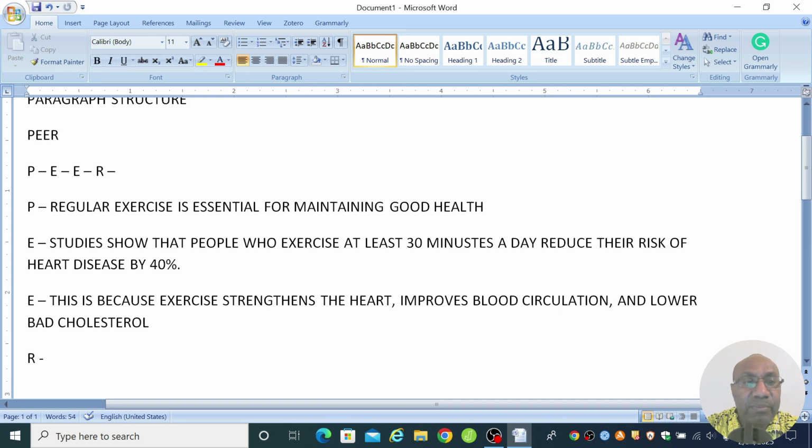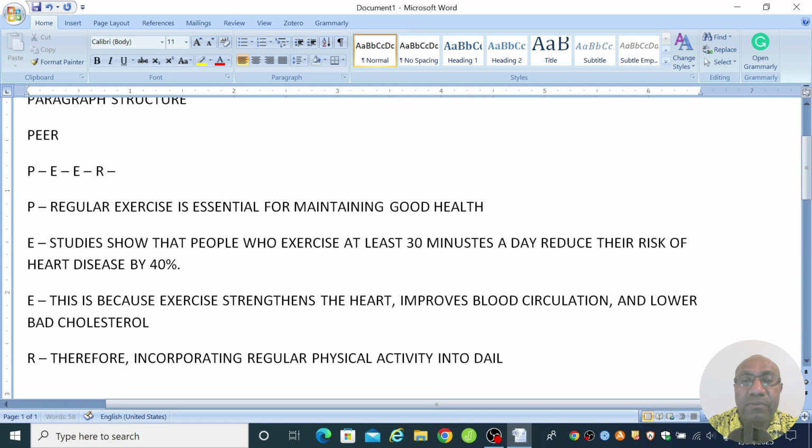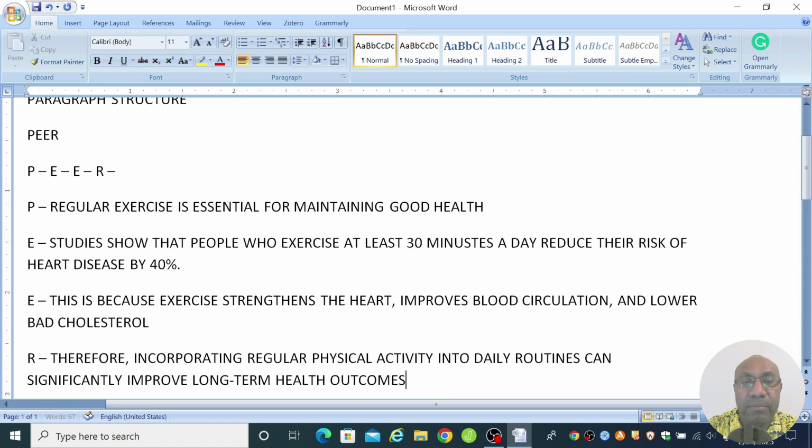So, for example, you could write something such as, therefore, incorporating regular physical activity into daily routines can significantly improve long-term health outcomes.